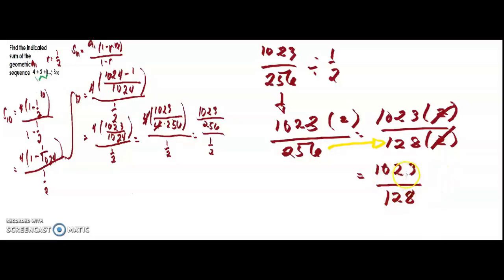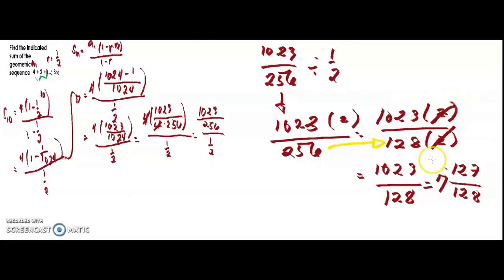Ilang 128 ang meron sa 1023? So, that is 1023 divide 128. Yan. So, kung i-evaluate natin sa ating calculator, meron tayong 7 and 127 over 128. Ito na yung ating final answer.